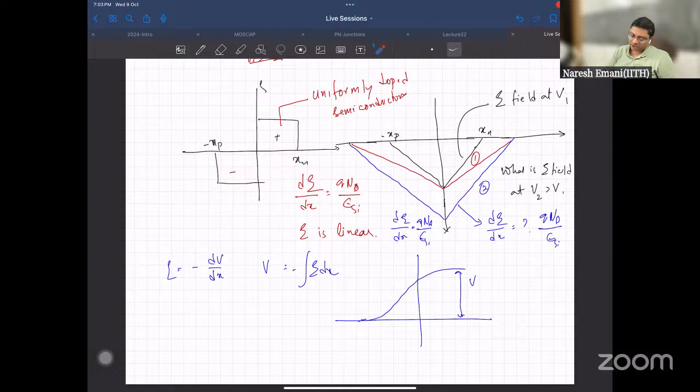If a positive charge tries to cross this, it cannot cross it because the electric field is in the opposite direction, correct? This side is P type. So holes see a potential barrier.